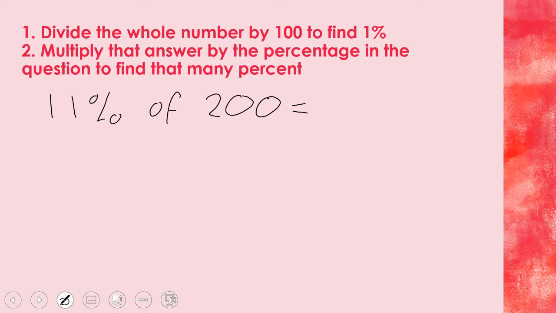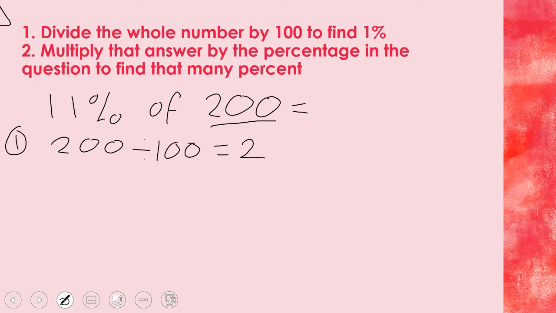That is one way that you could do it, but I think this would be much easier, especially because in our question our number is a multiple of 100, to follow the two-step guide. So step one, divide the whole number by 100. So 200 divided by 100 is equal to 2. Now we know that from our arithmetic this and last week, working with place value.